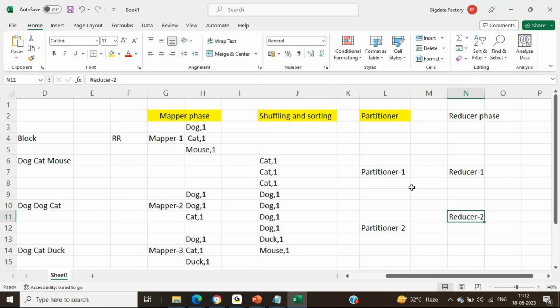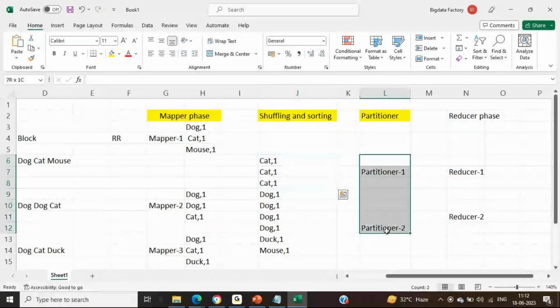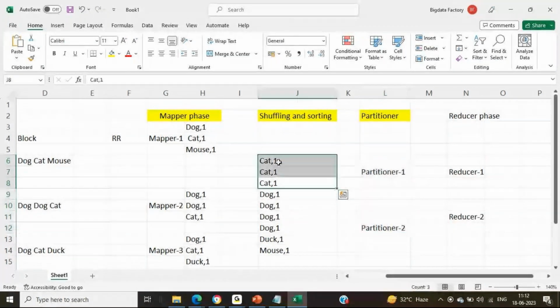If cat moved to both, the final outcome would not be correct, right? It is the duty of the partitioner that a unique key will be moved to a particular reducer.